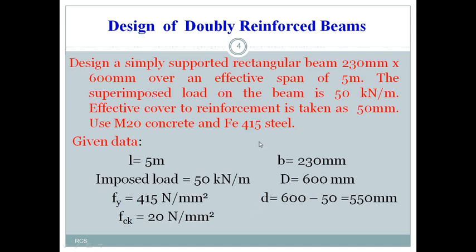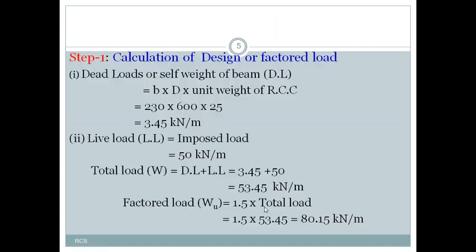From the overall depth and effective cover given, we can calculate the effective depth. So small d equals capital D, the overall depth, minus effective cover, that is 600 minus 50, which gives me 550 mm, the effective depth of the beam, right?